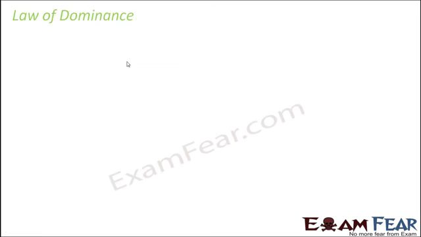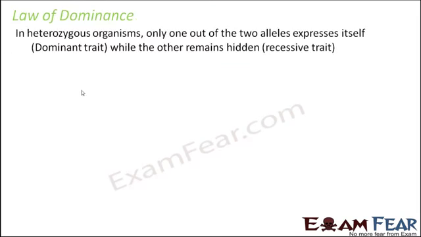First we'll talk about the law of dominance. So what is there in the law of dominance? It says that in heterozygous organisms, only one out of the two alleles expresses itself, and whichever expresses itself is called the dominant trait, while the other which remains hidden is called the recessive trait. By now, I don't really need to explain this law again because I already spoke about it.